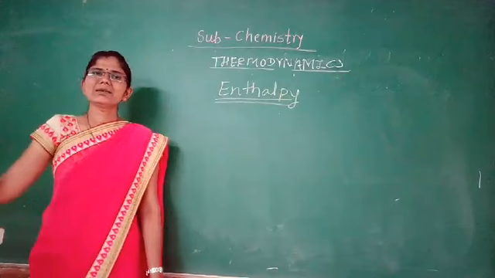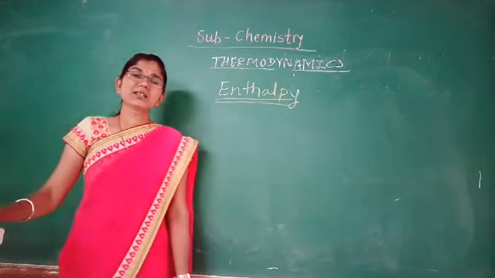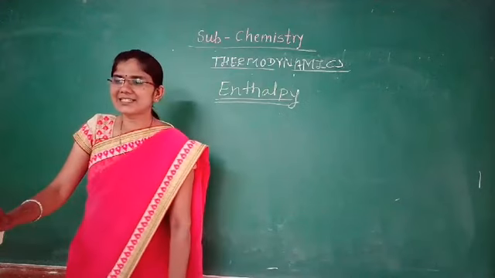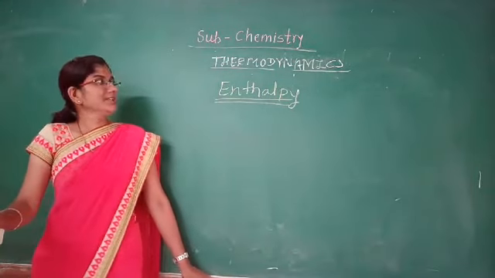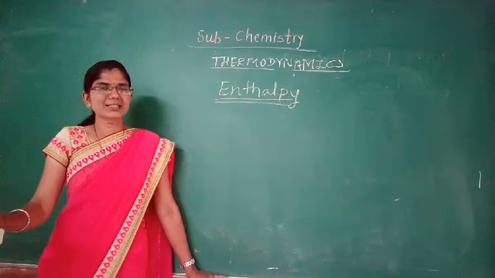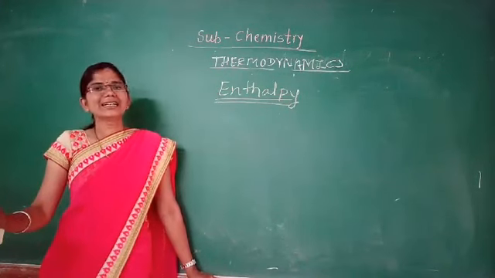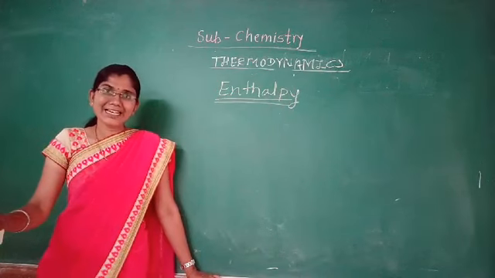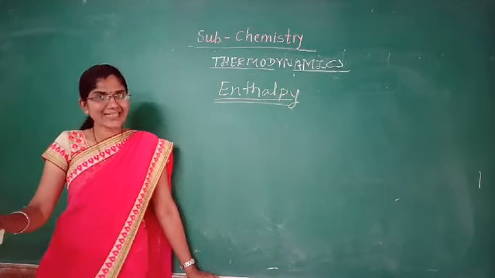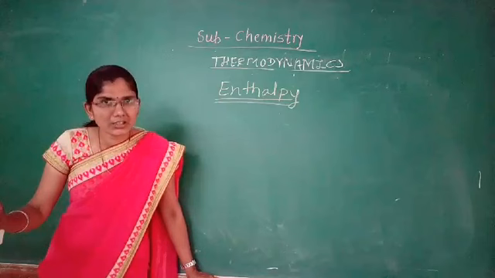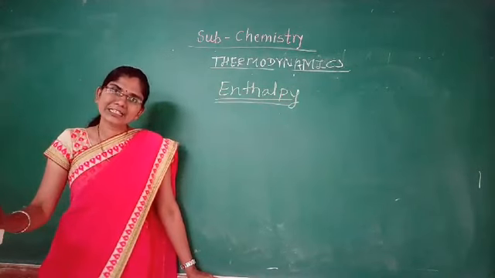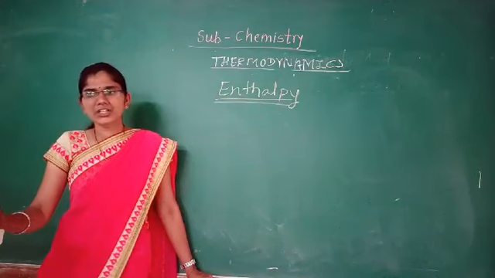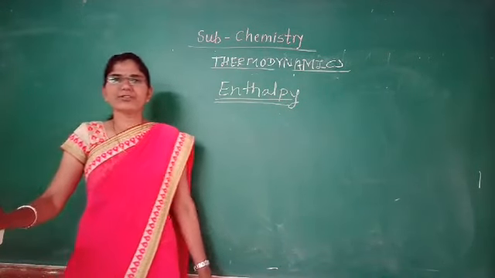Enthalpy basically means the total heat content of the system, and it can be defined as the sum of internal energy of the system and the pressure volume type of work.